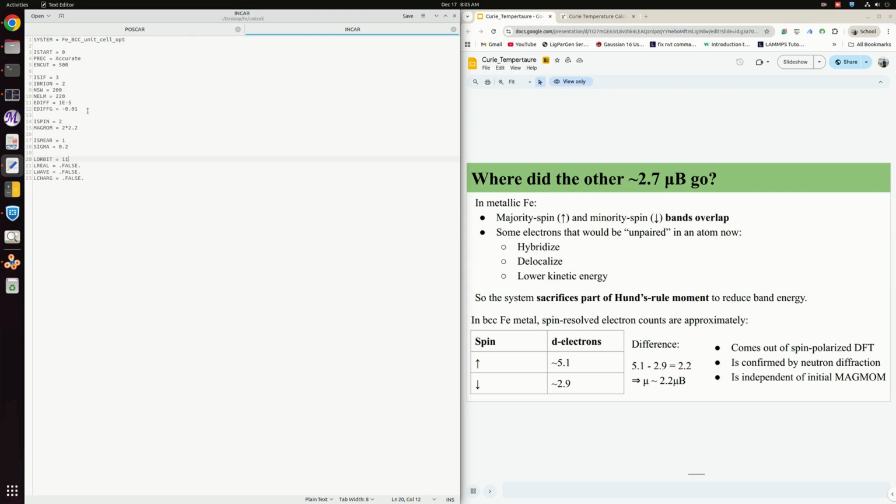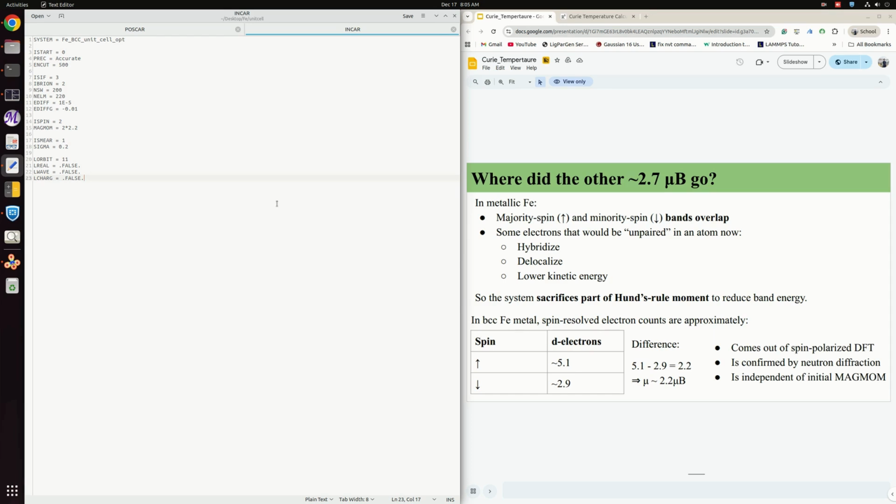Because DFT plus U was not employed for BCC Fe, since the magnetism is itinerant and is well described with the standard GGA. As we can describe this using standard GGA, there is no need for DFT plus U in this case. But if your system requires that, you can also take that, no issue.